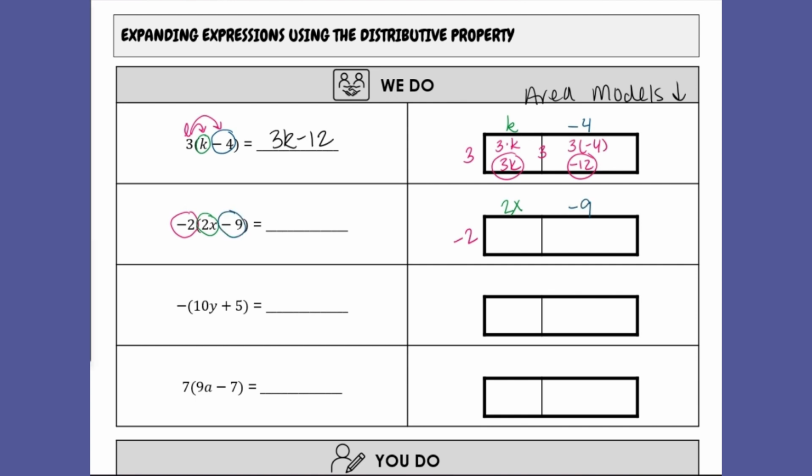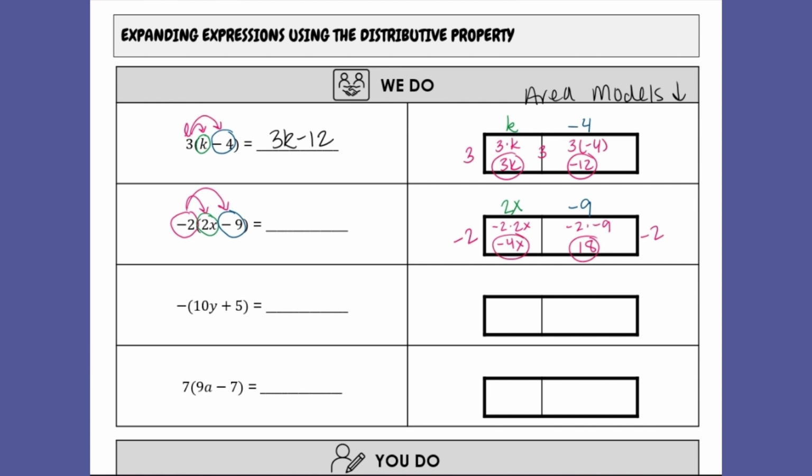So essentially I'm taking that -2 and multiplying it by each term in the parentheses. So I get -2 times 2x, which is -4x. And then -2 times -9 would be +18. So here are my 2 areas, and I'm writing them as a sum.